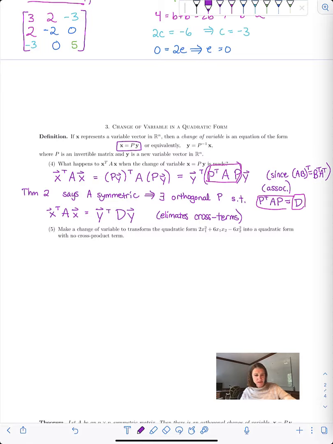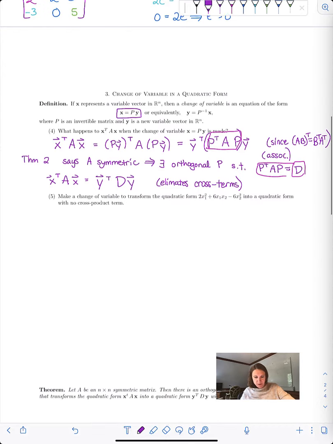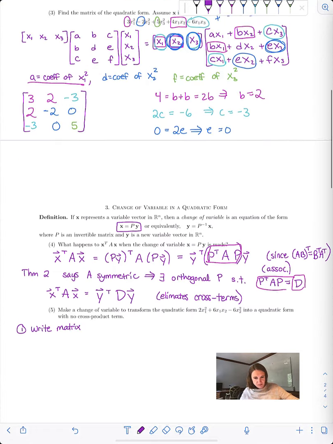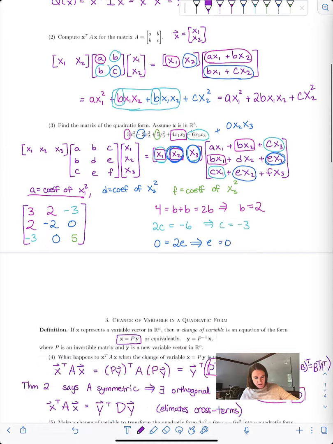And so to really see how we get at this, let's make the change of variable to transform the quadratic form given here into a quadratic form with no cross product term. So right now we have, here's the 6x1, x2 is our cross product term. Okay, so our first step is to write the matrix, I guess it's called the matrix of the quadratic form.